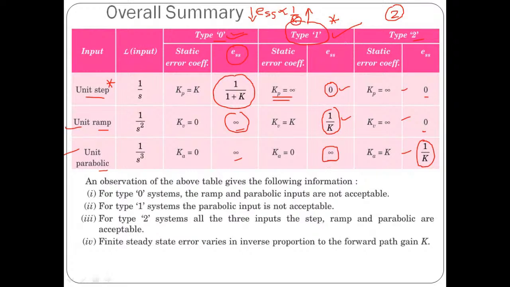See, whenever we are dealing with a type 1 system, the value of steady state error in case of unit parabolic input is going to be infinite. This is very important. So ultimately, you can apply this logic directly from the table, or you can solve step by step. You will get both the answers in a proper manner. Both answers will be the same.